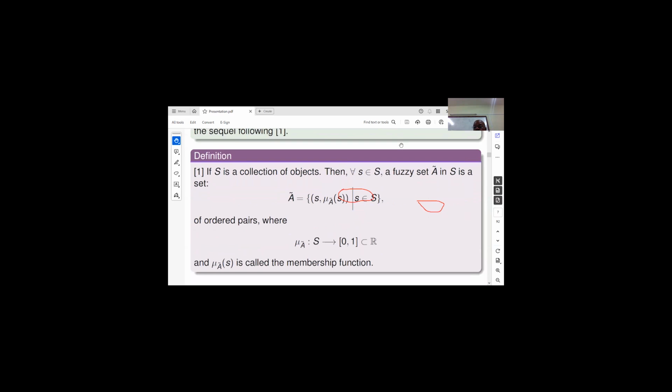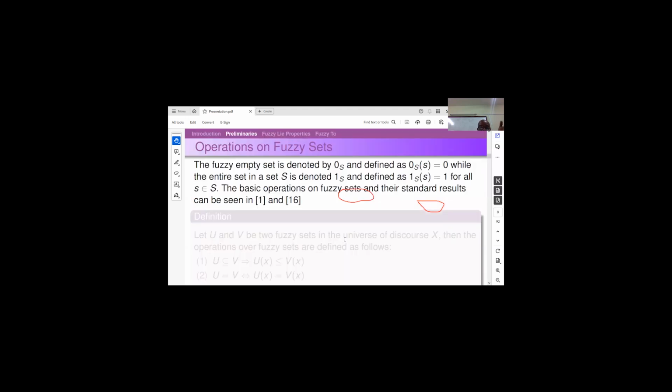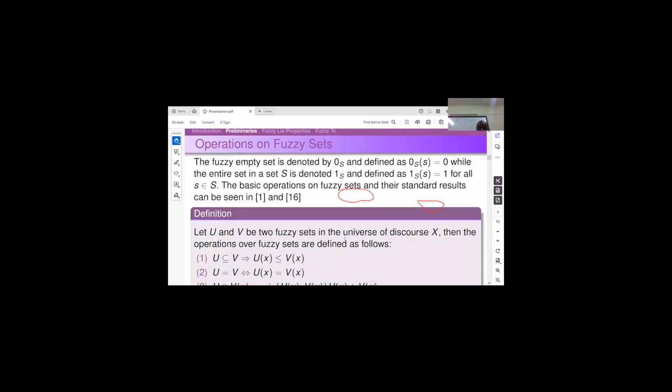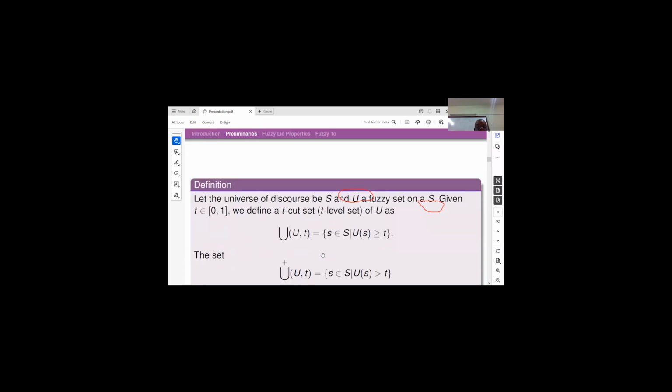I don't want to dwell much on the fuzzy sets. This is how a fuzzy set is defined. Everything terminates in 1, 0. And so we can take the membership functions as usual. The operations on fuzzy sets are well known, and I will not go into that. I will just deal with the spherical functions where we are going.